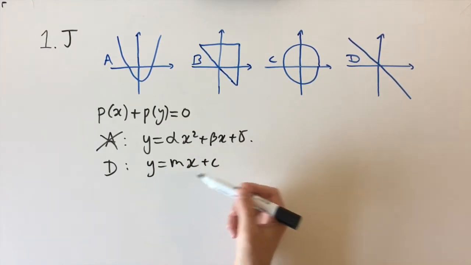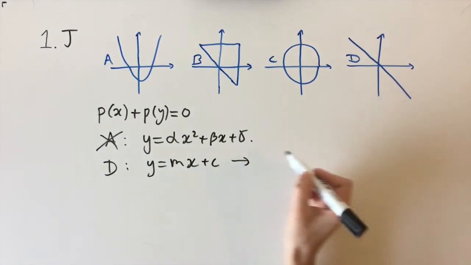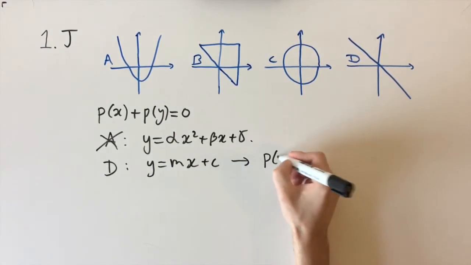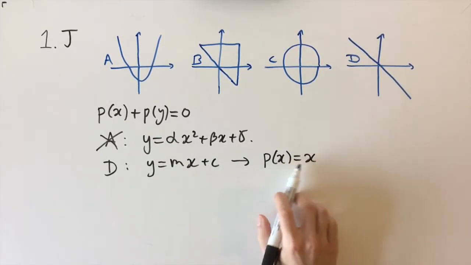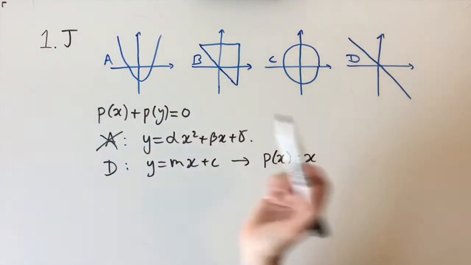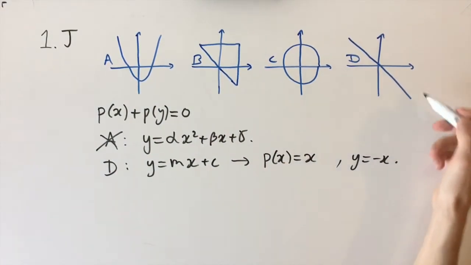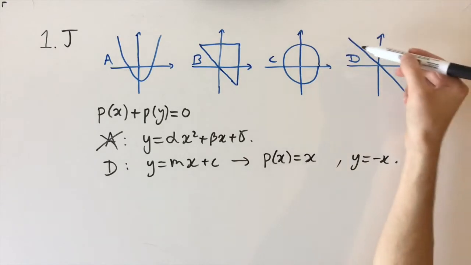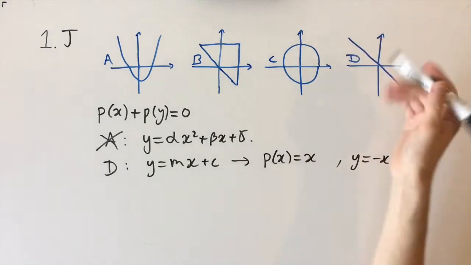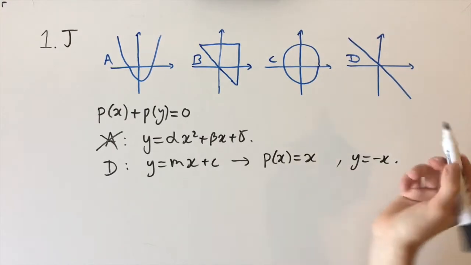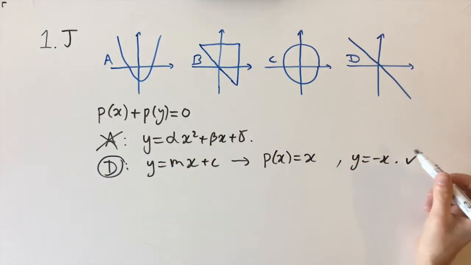So this leads us to think we can generate this graph, and we can actually do this if we take the polynomial p of x equals x. So then we have x plus y equals 0, or y equals minus x, which is exactly what we're seeing. We're seeing the straight line y equals minus x, which is the same as y equals x, just reflected about either axis. So that means we can do this one. So that is one of the correct answers.